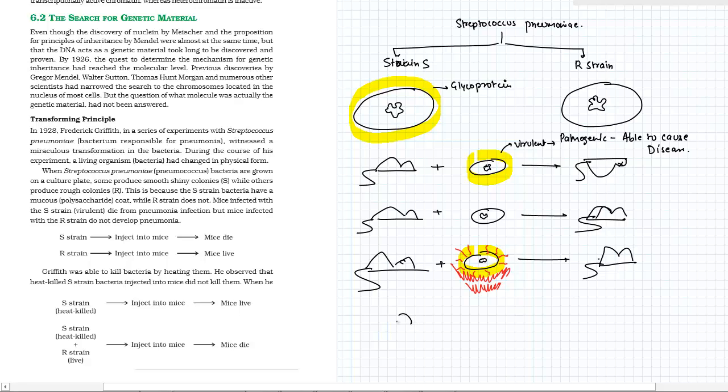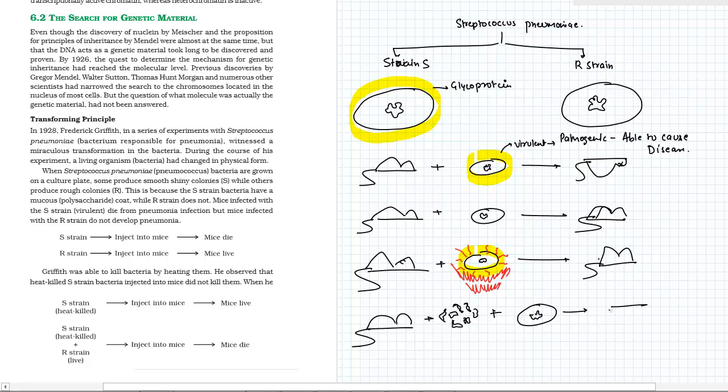Now this is the most interesting setup. He had this living mouse, and along with this living mouse, he had all those bits and pieces of the heat killed bacteria that he used in the above experiment. Let us say all those macromolecules and bits and pieces, because this was heat killed bacteria, and along with it he added the rough strain.